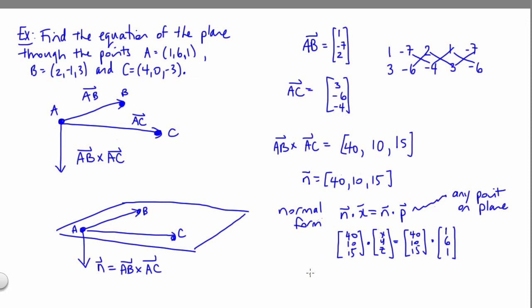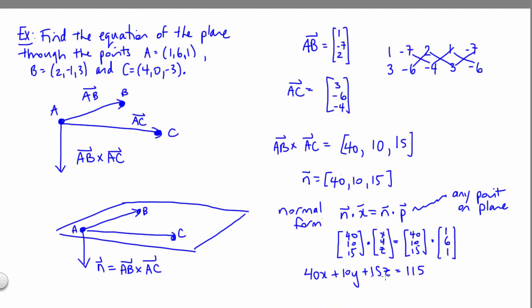Dot product on the left side, we've got 40 times x plus 10 times y plus 15 times z. Dot product on the right side, 40 times 1 plus 10 times 6 plus 15 times 1 gives us 120 and 15. So this right here, that is a great final answer.